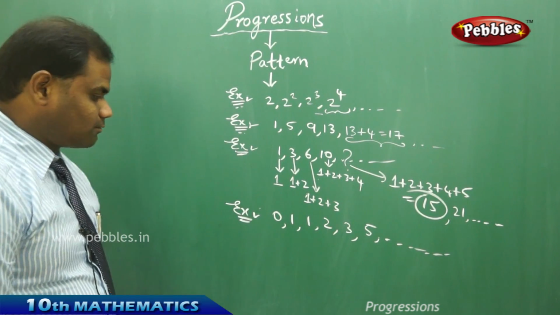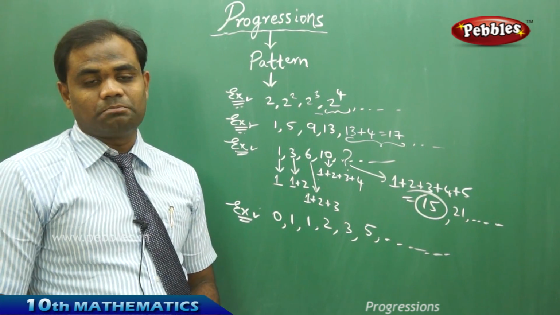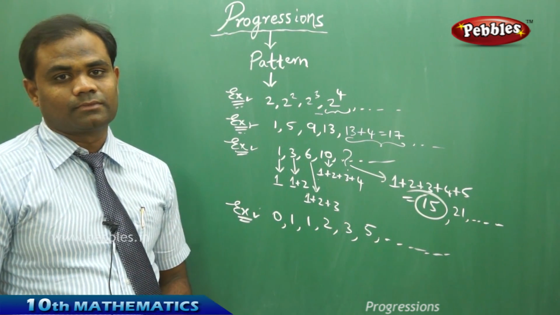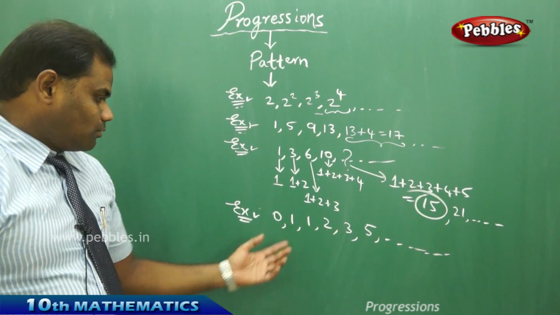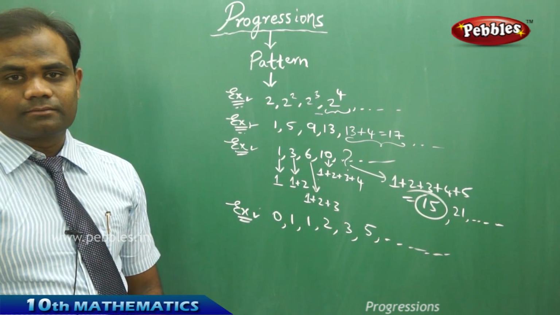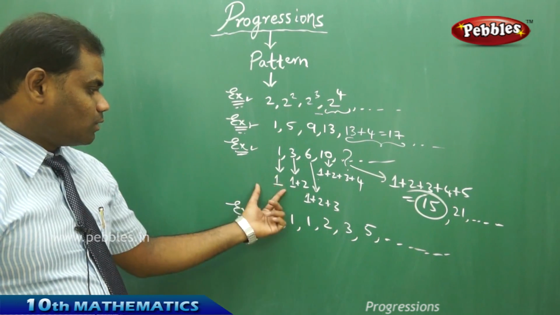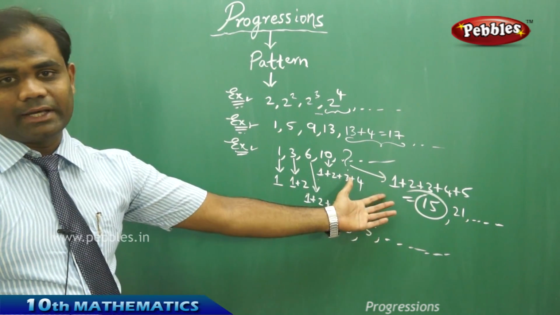This sequence is called the Fibonacci sequence, one of the most important sequences in mathematics, connecting the golden ratio with it. So how do we identify the pattern here?